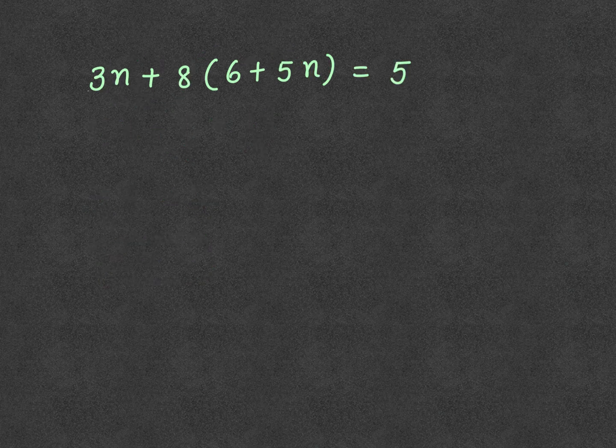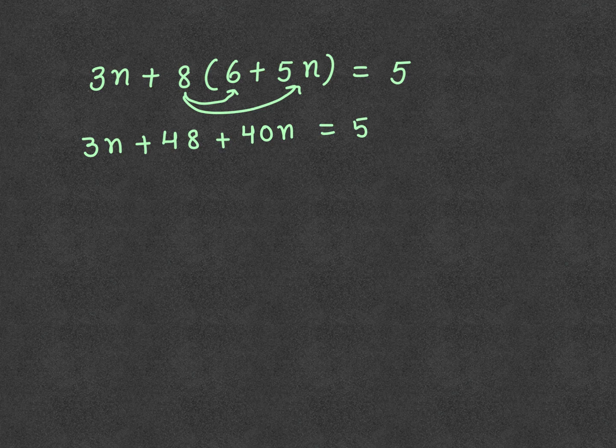Next question, to solve for n. For this one, distribute 8 first and rewrite this equation again after distributing 8. 8 times 6 is 48, so 3n plus 48. 8 times 5 is 40, so 40n equal to 5. On this side we have two terms that are like terms, 40n and 3n.